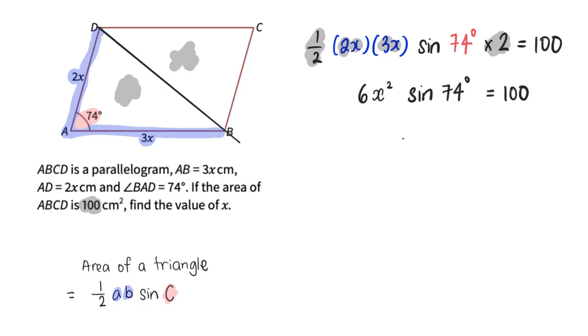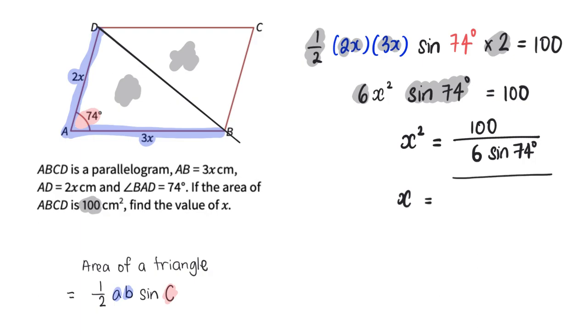So my x squared will be equals to 100. I'm going to divide by 6 on both sides, and divide by sine 74 degrees on both sides, so that I will get my x squared. And finally, my x is therefore equals to the square root of 100 over 6 times sine 74 degrees.